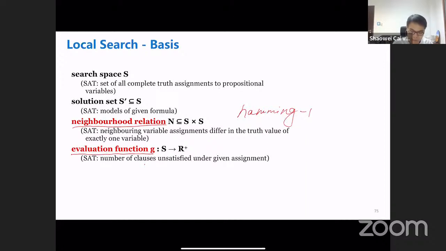Suppose we are at the current point and we have several neighboring points, each corresponding to a complete assignment. A very simple algorithm can be like this: we pick the neighboring point with the best evaluation function and then jump to it.